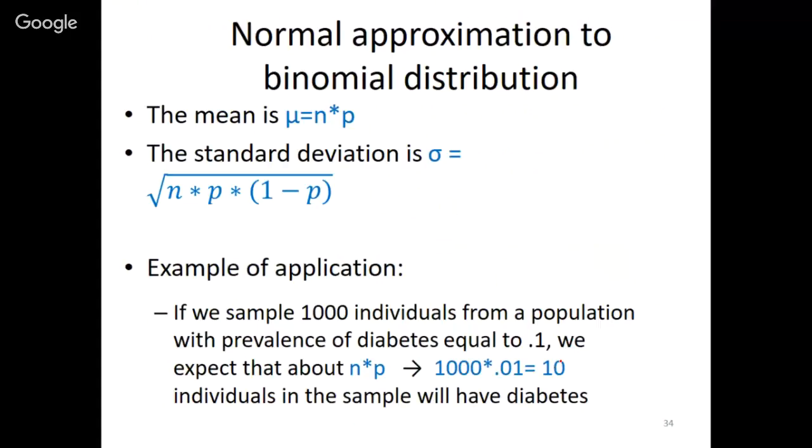So does that mean if we have a large sample and a very small probability of success, we can't really? Yeah, for a very large sample and a very small probability of success, eventually you will learn to use the Poisson distribution in that case.